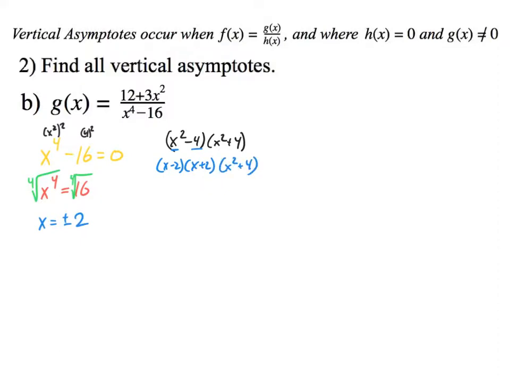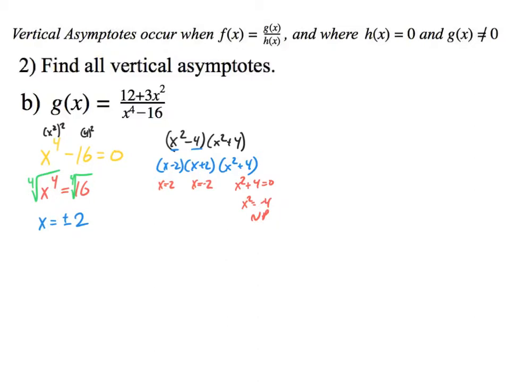And then you can set each piece equal to 0. And what you would get is this one's going to be 2, this one's going to be negative 2, and this one, if you try setting equal to 0, you get x squared equals negative 4, which is not possible. So as you can see, I got the same answers. Just wanted to show you two different ways. Depends on how you want to process it.